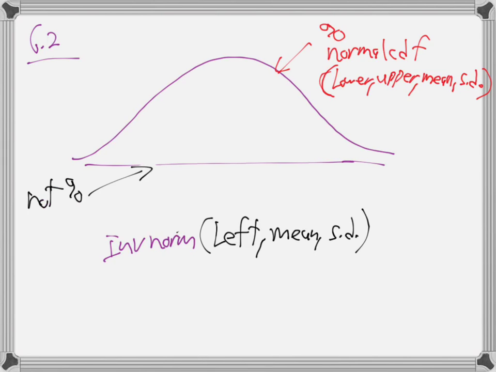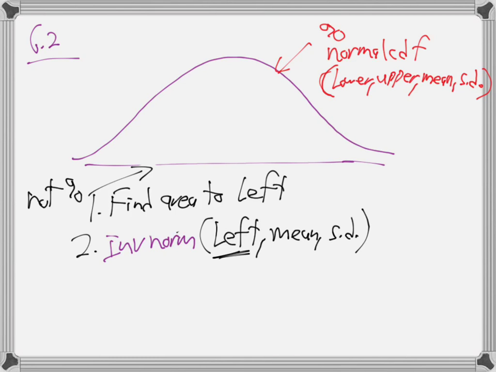So what do we do? Remember, step number one, we have to find area to the left, and step two, use inverse norm left. Remember that difference? For the normal CDF up above, we don't care about left, right, whatever. We just put in lower, upper, left edge, right edge. They both go in there.